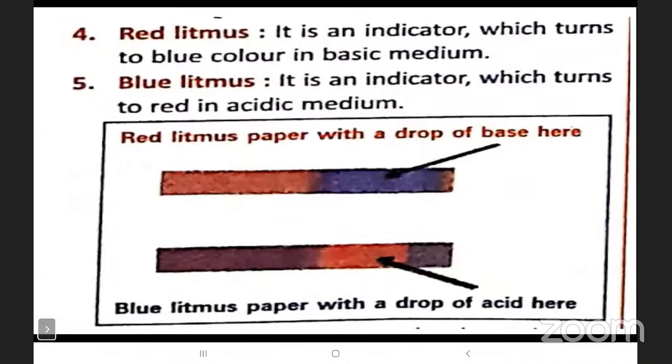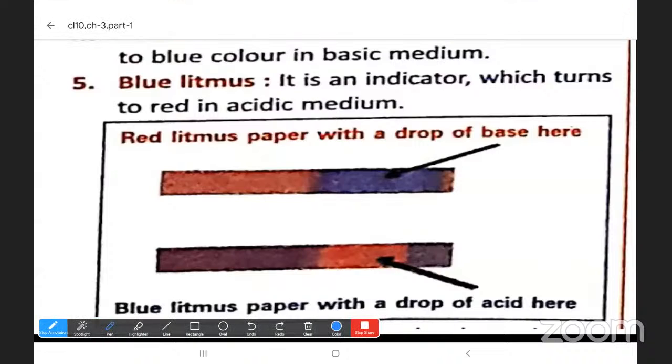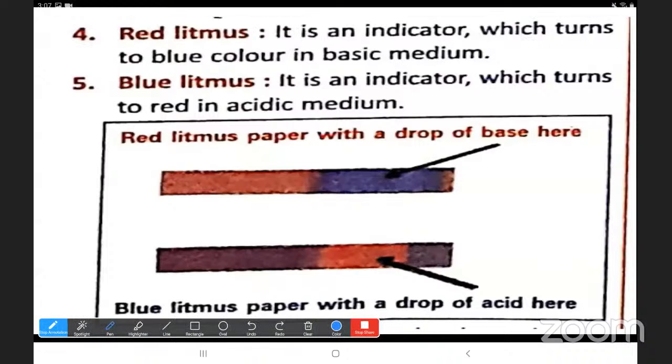Next one, red litmus. This litmus paper is an indicator to indicate whether the solution is acid or base. We have two types of litmus papers: a red litmus paper and a blue litmus paper. Red litmus paper is an indicator which turns blue in basic medium.